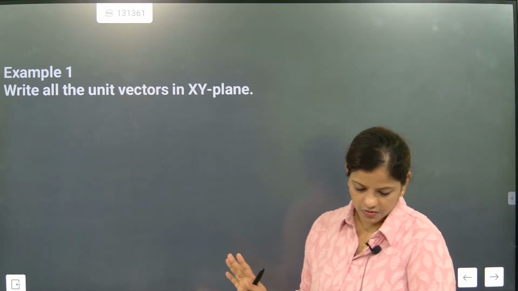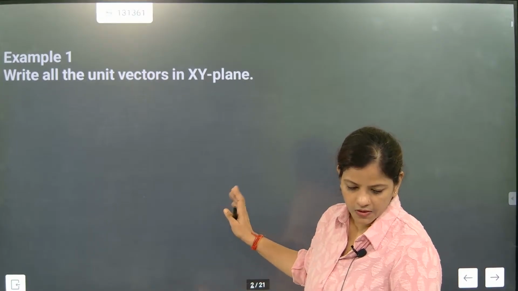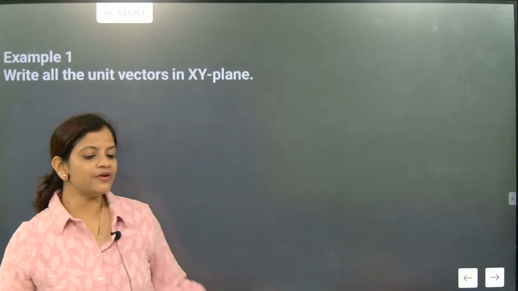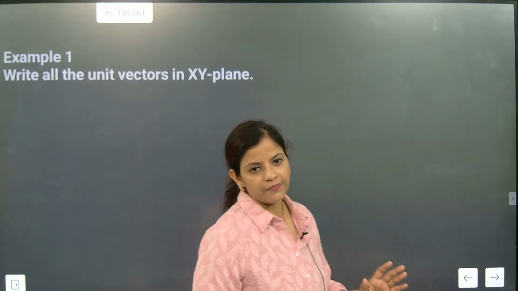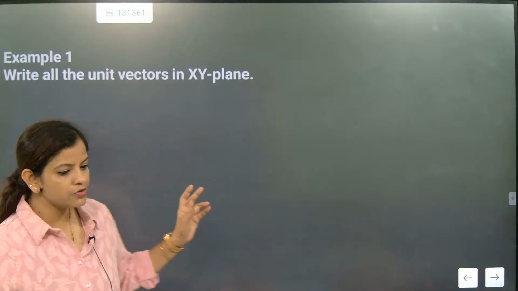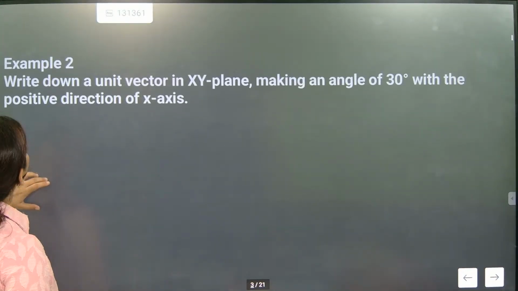Ready everyone? This was the question. But we are starting with this question: write all unit vectors in xy plane. What does this mean? We're starting with the basics. Yes, this question I'm going to solve. Let's check this one out. Is this in the set or not?